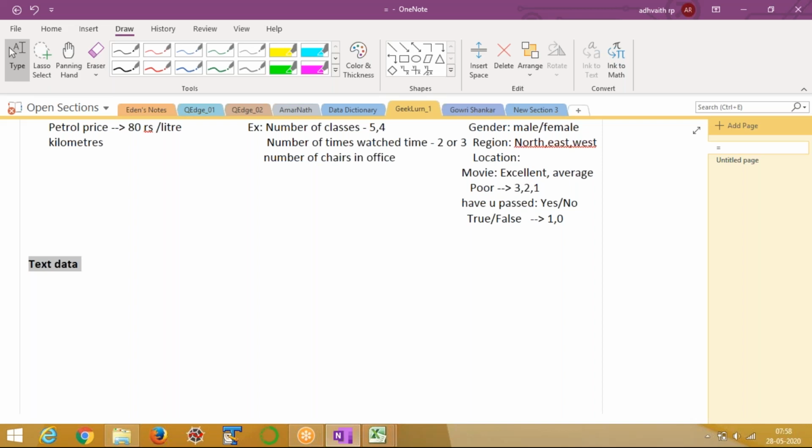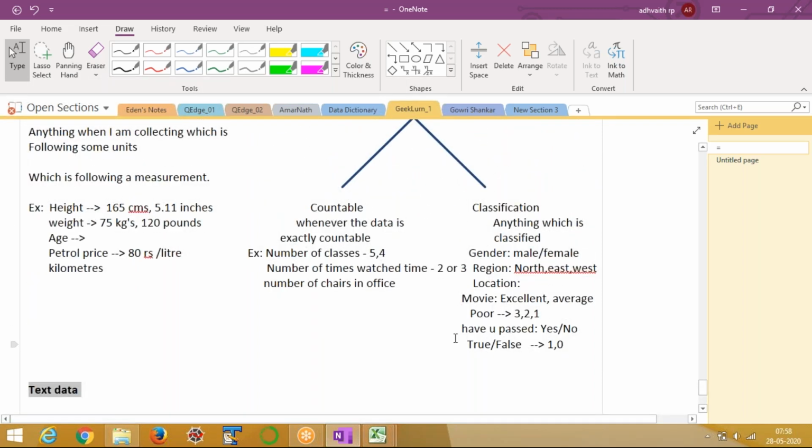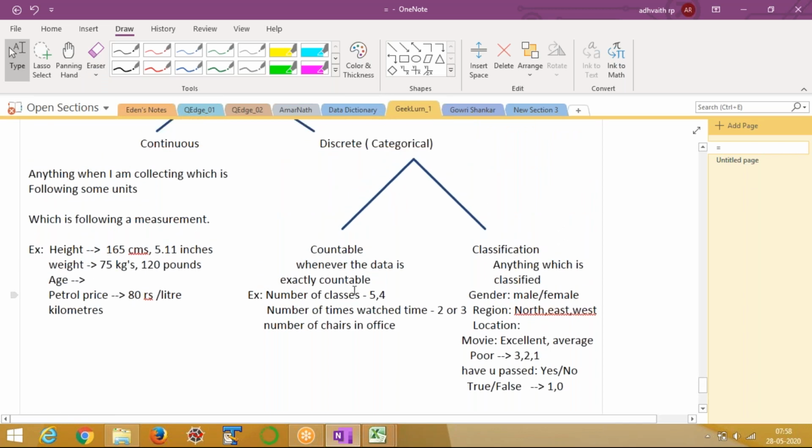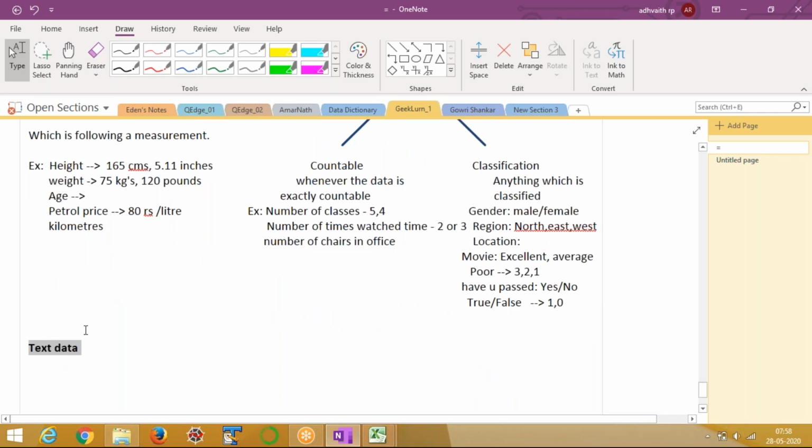Unstructured data analysis we will cover in NLP and deep learning concepts. Text data can be converted into classification data or countable data, depending on the requirement of the specific case study. Those discussions we will do in the coming classes.